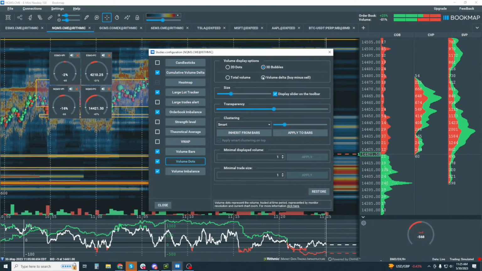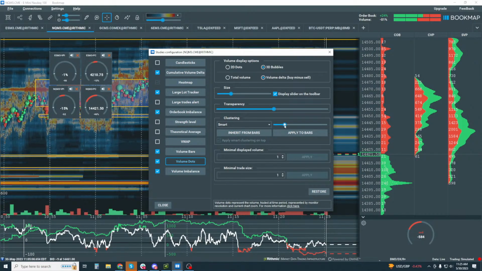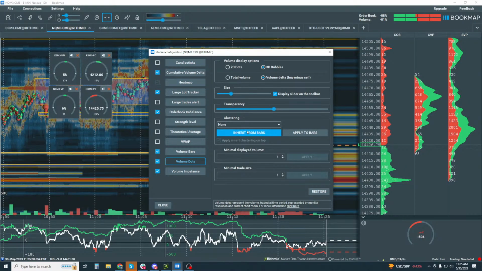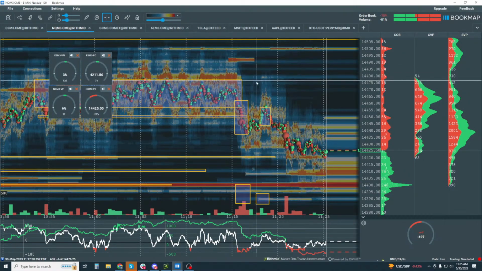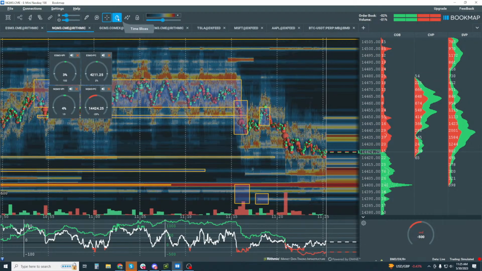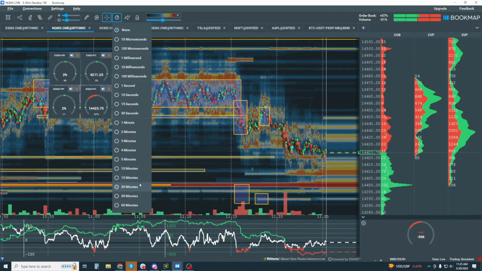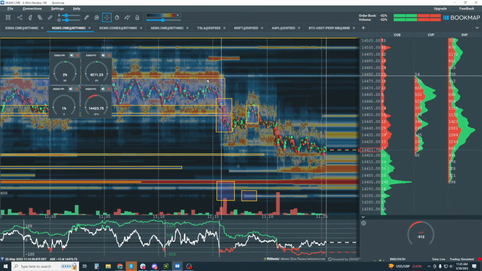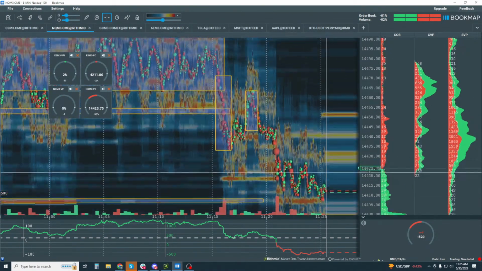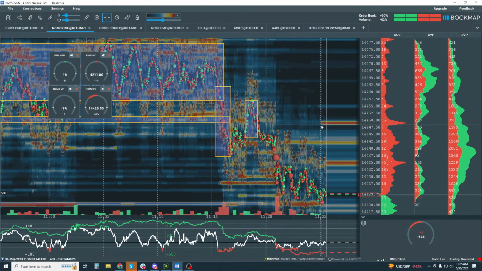I have it on delta dots. You might want to mirror this, or we can even take the smart clustering off here, put it on none. Then if you come up to the time slice tool here, let's put in 30 minutes of data within this window. Now it should look pretty similar to mine.